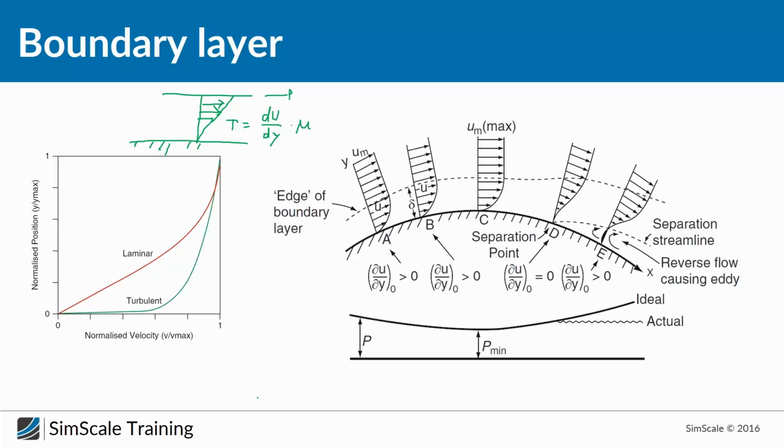First of all, we have higher skin friction drag, because of the higher normalized velocity. The other effect is that the flow separation will occur much later on the curved surface for turbulent flow. And the reason is that the turbulent boundary layer is chaotic, fluctuating, and therefore it has more energy because it's mixing with the fast-moving flow outside the boundary layer.